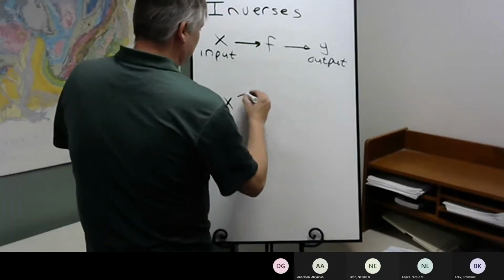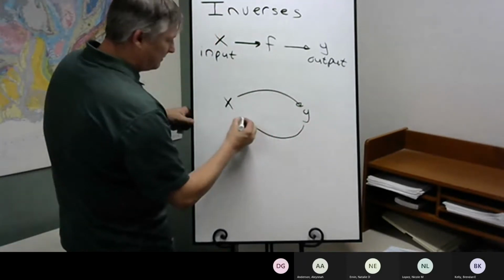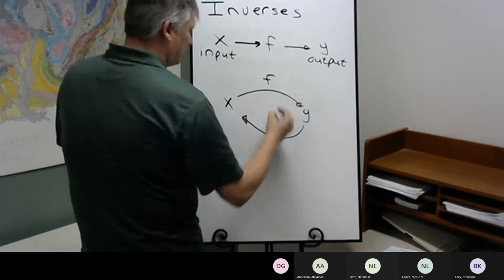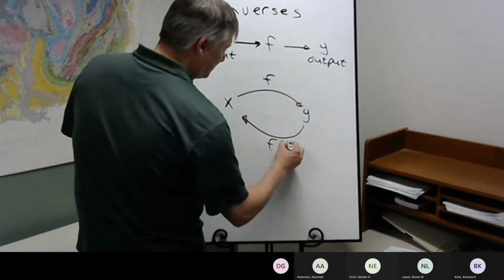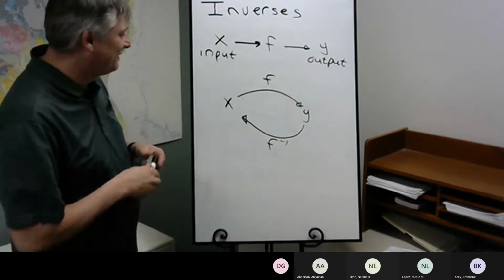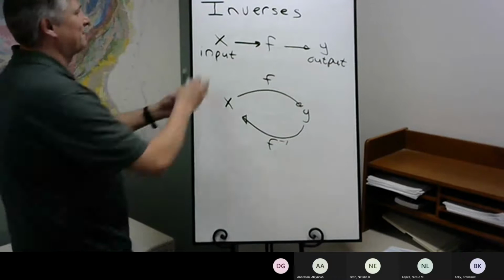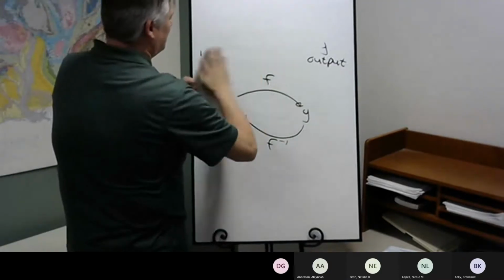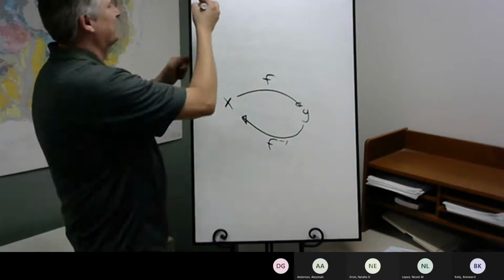So what we'll do is we'll go to y, and then we're going to go back to x. And it's the inverse function that takes y back into x. So I'll just give you an example of how this works. Two functions that are inverses of each other.